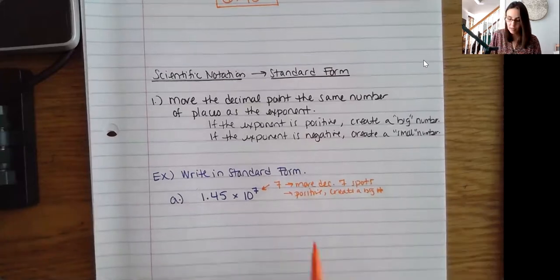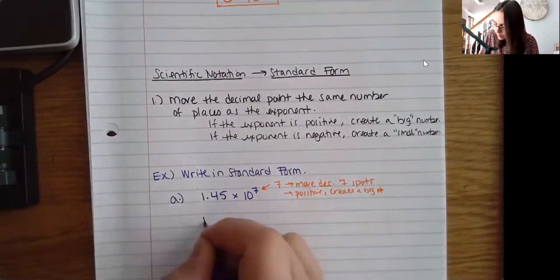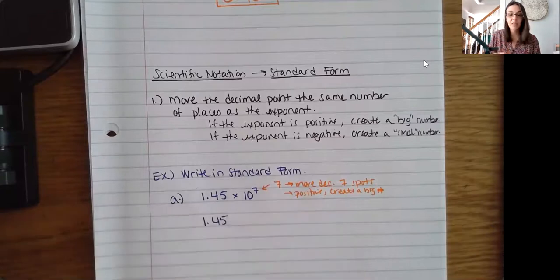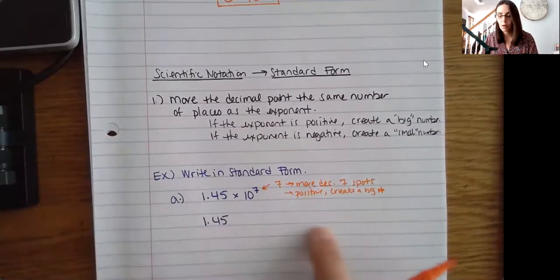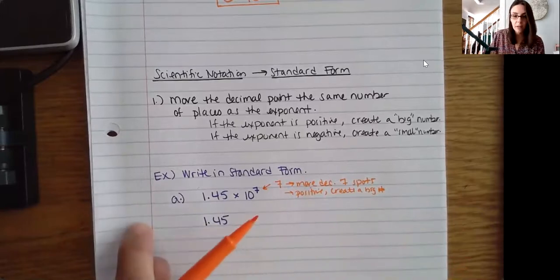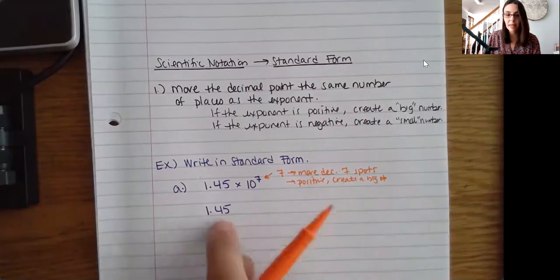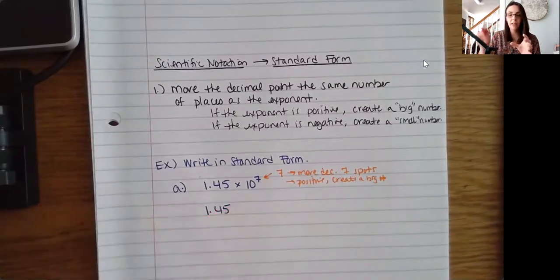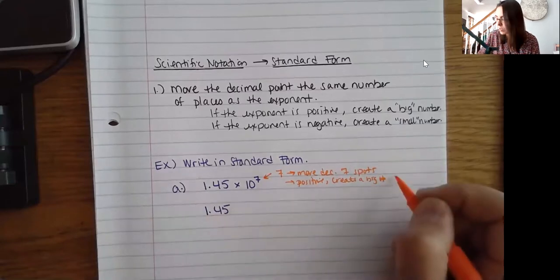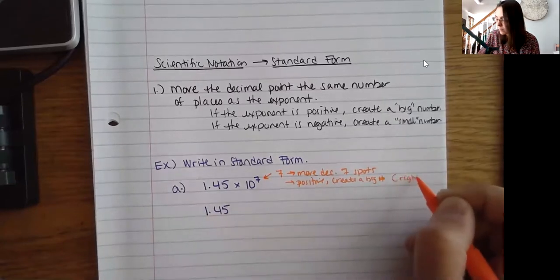So if you think about this, let me rewrite the 1.45. I need to move my decimal 7 spots. Now, if I want the number to be big, do I move my decimal to the right or to the left? Think about it for a second. If I move my decimal to the right, what happens? If I move my decimal to the left, what happens? At the end of moving, that's where your decimal place goes. To create a big number, you're going to end up moving right.